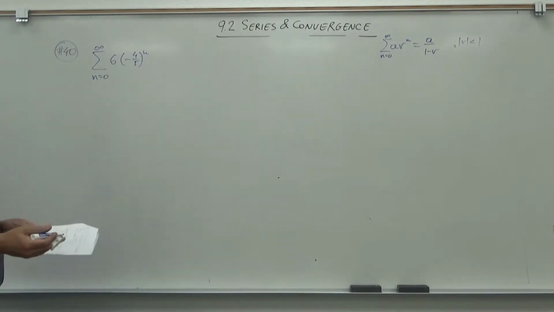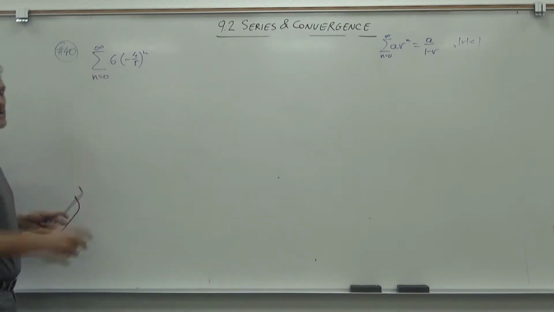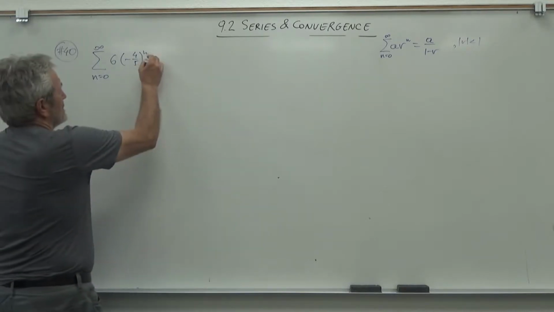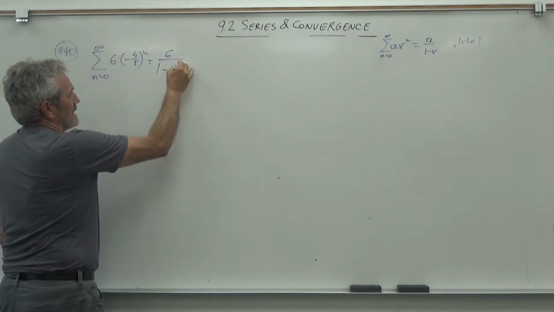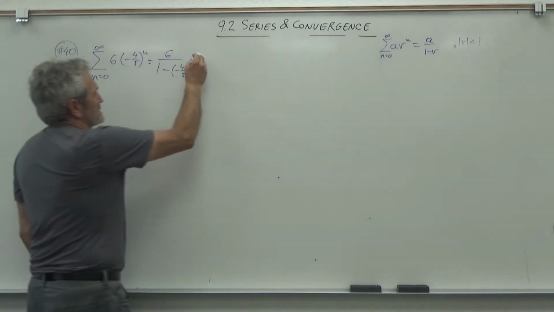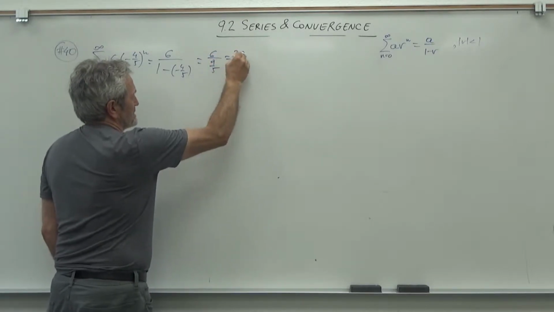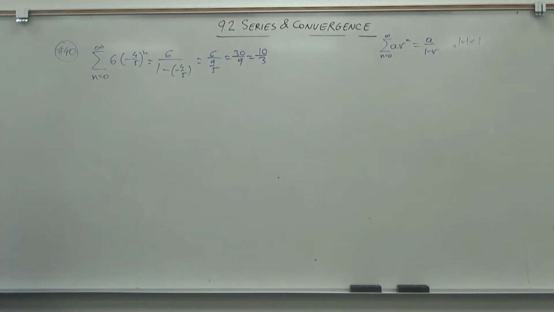In this case, we recognize that we are dealing exactly with a situation like this one, starting with 0, ending at infinity. It's all exactly like in the formula. So our a is 6, our r is negative 4/5. So this will be 6 over 9/5, which is 30 over 9, which is 10/3. So this is just an easy, straightforward application of the formula.